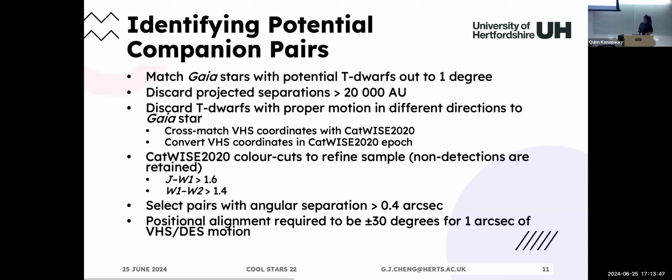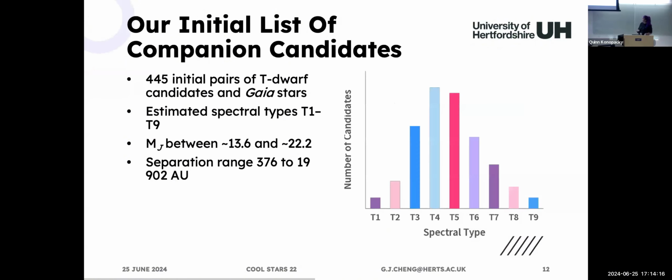Any CatWISE non-detections were retained in our sample, but we did a couple more color cuts to refine our sample further. And then we did angular separation and positional alignment requirements to make sure that the two objects would be far enough apart to be able to actually see in our images and to make sure that our proper motion measurements would be accurate.